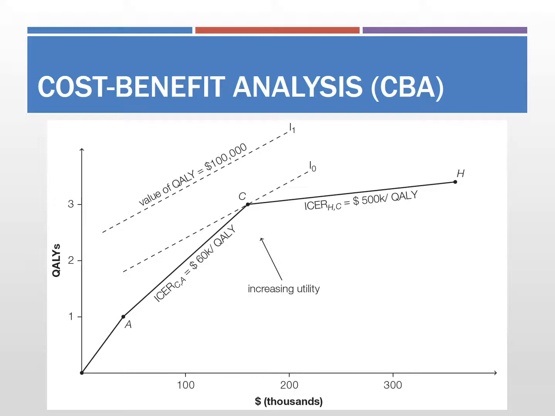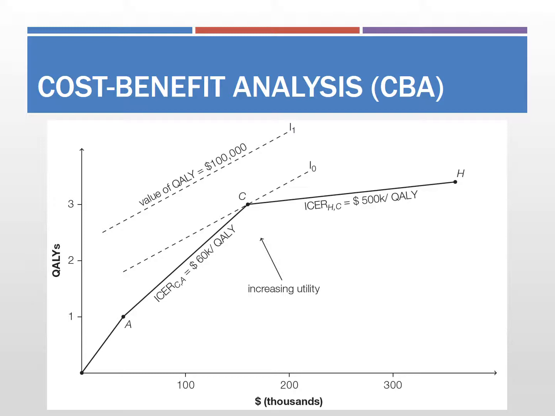This is the cost to get treatment C over treatment A. So people who value more than $60,000 per quality year will always be willing to pay for treatment C over treatment A, because they can get a higher level of years lived.